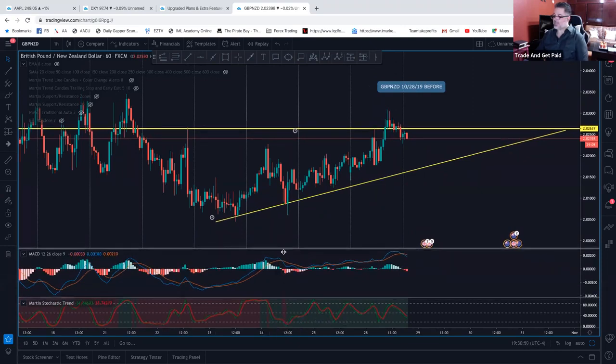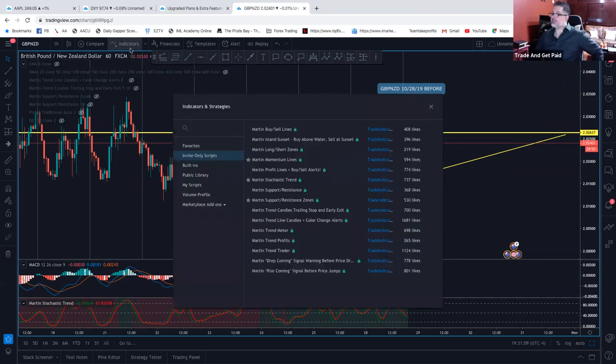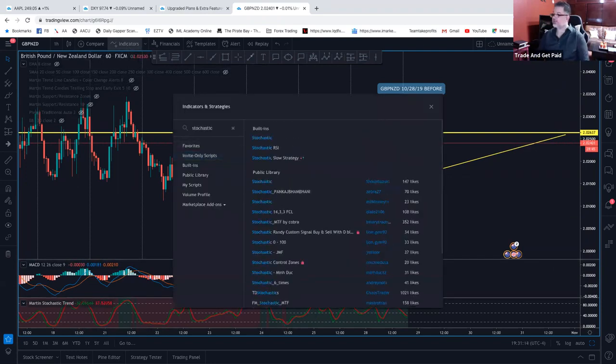If you cannot afford to get the Martin stochastic, you can just simply put a regular stochastic with the settings 14, 3, and 3, which you can also find here. Indicators. That's the one I didn't look for.